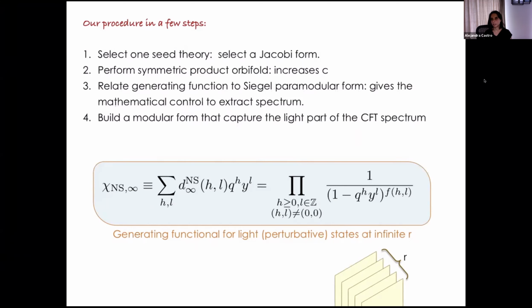It's like when Jan de Boer, back in '98, compared the spectrum of AdS3 times S3 with the elliptic genus on the symmetric product of K3. In his context, it appeared from the CFT.